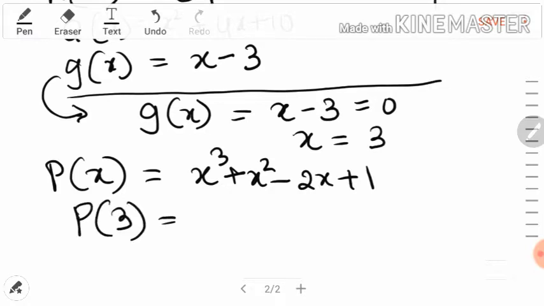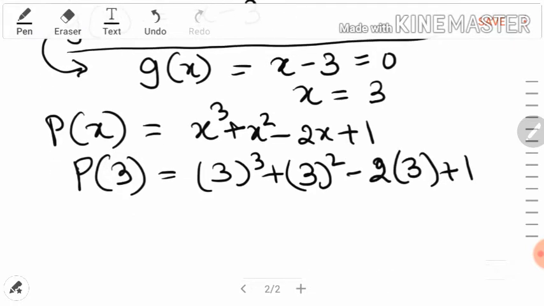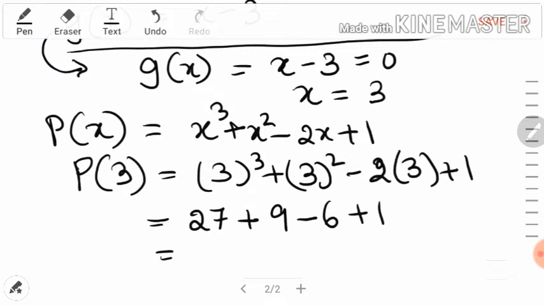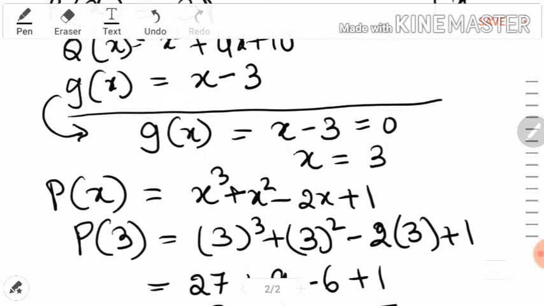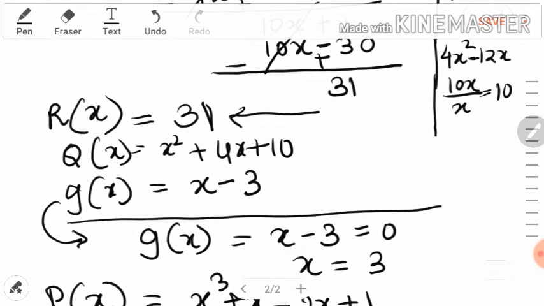So replacing 3 in each term, we get 27 plus 9 minus 6 plus 1. On calculating this, we get 31. And you notice that this is the same number that we got as the remainder by long division method.